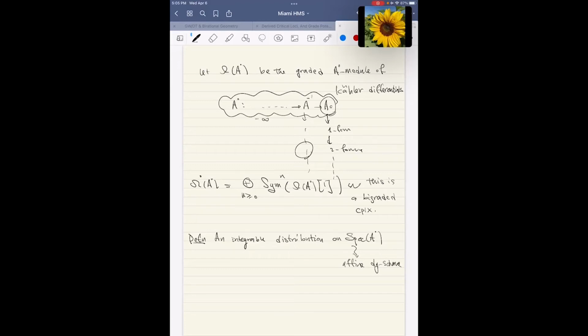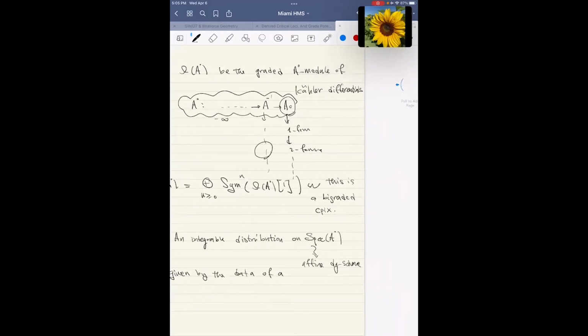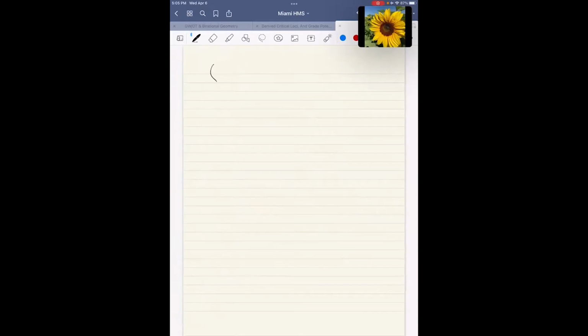An integrable distribution is given by the data of a pair, Lambda dot dot and alpha, where alpha is a map from this bigraded complex, which I just defined, the complex of scalar differentials over the CDGA, to some bigraded complex Lambda.